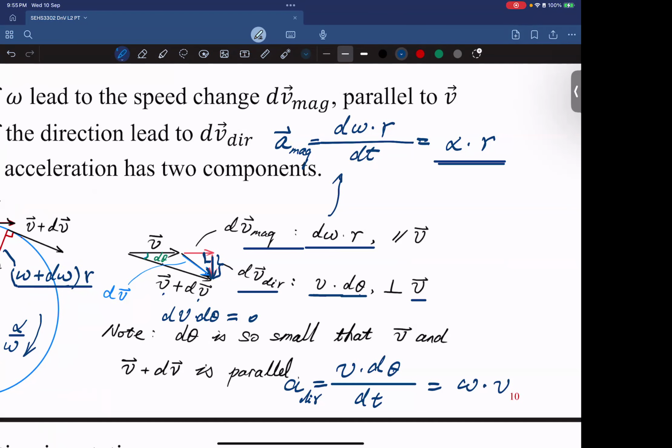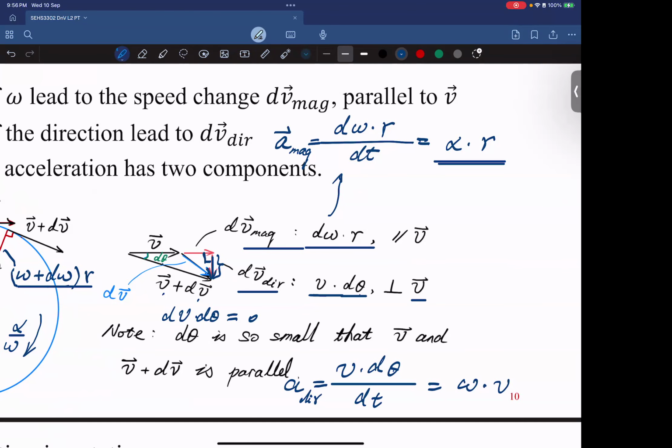So if it also has a magnitude change, which means it has another alpha in line with the velocity. Why? Because it is the change of the speed. So finally, we find the acceleration.